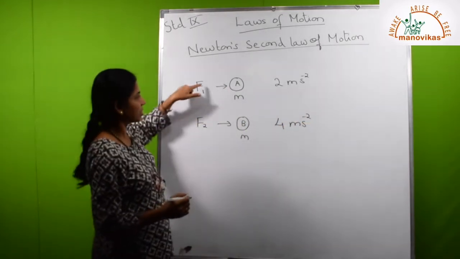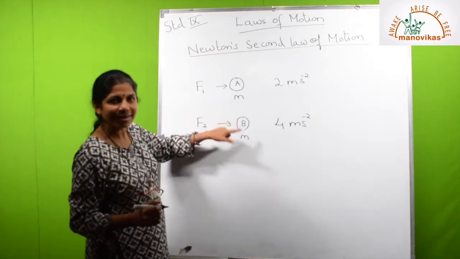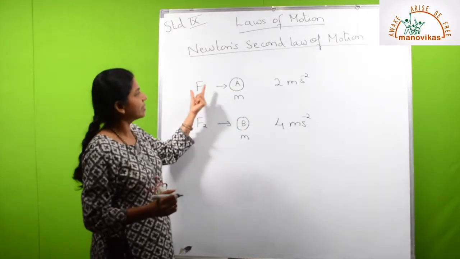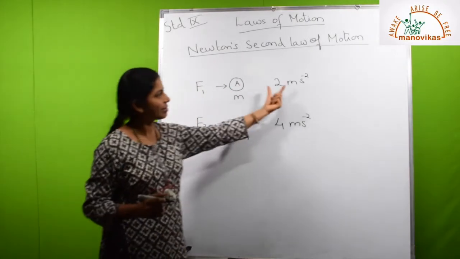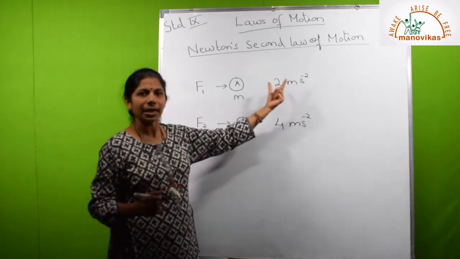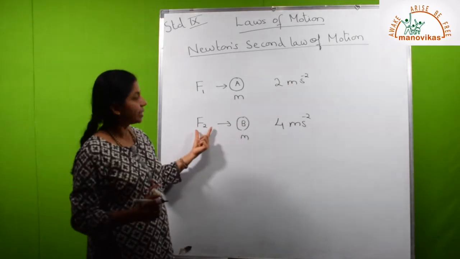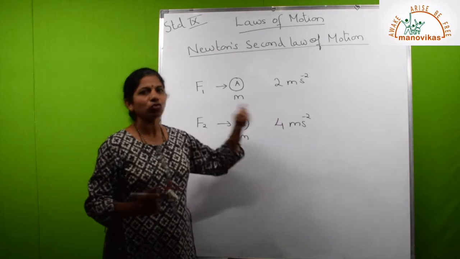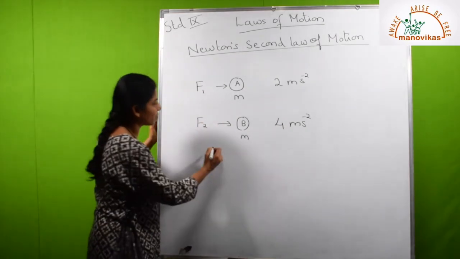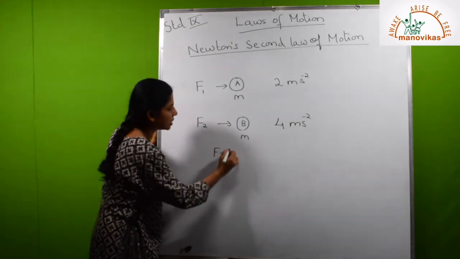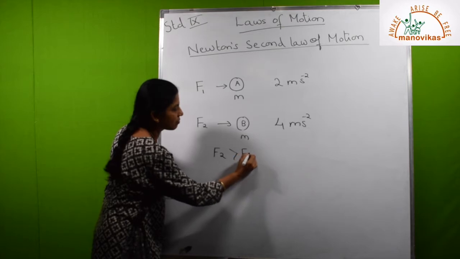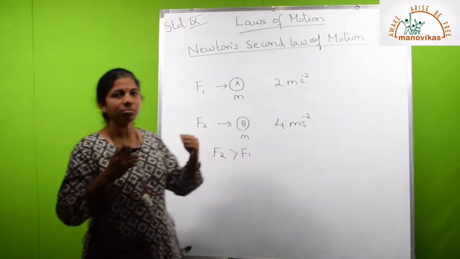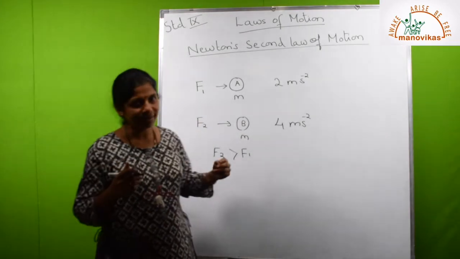Right? So when I am comparing, mass is the same, force applied is less, so acceleration produced will also be less. Force applied is more, so acceleration produced will be more. So you can conclude, now in this case you find F2 is greater than F1. That means there is a relation between force and acceleration.